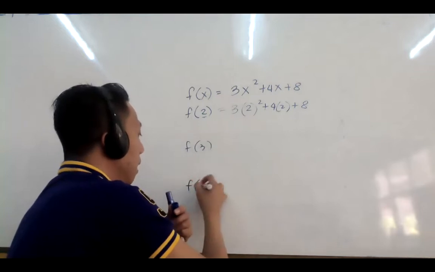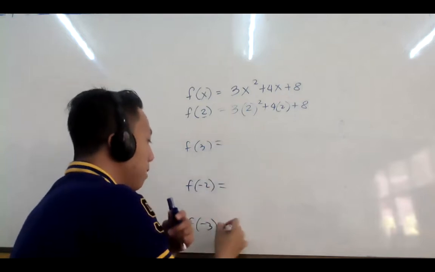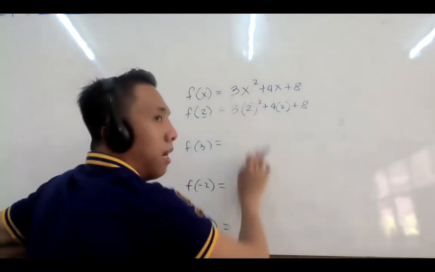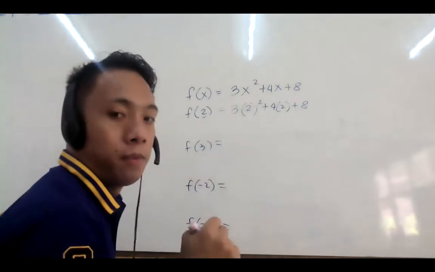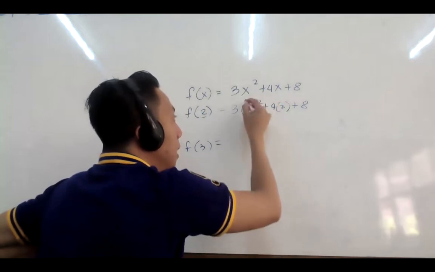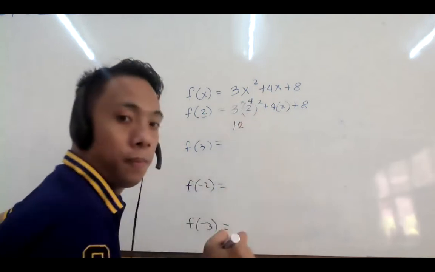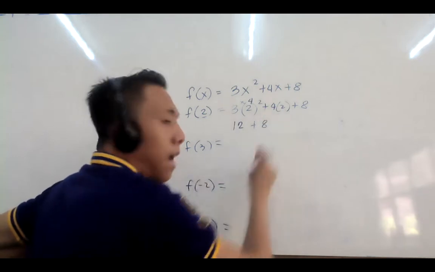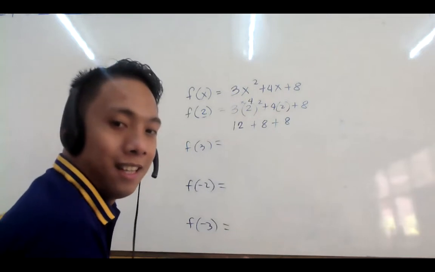F3. F negative 2. F negative 3. Para may space tayo. Okay? So what is 2 squared? 2 squared, that means we will multiply 2 times. Okay? So 2 squared is 4. So it will become 4. And then 4 times 3, we have 12. Correct? So 12 plus 4 times 2 is 8 plus 8. Got it? Super easy, right?